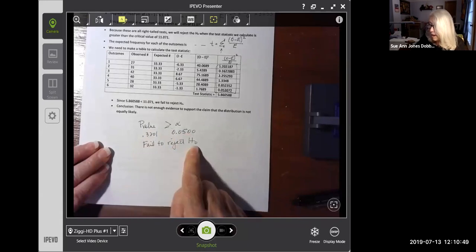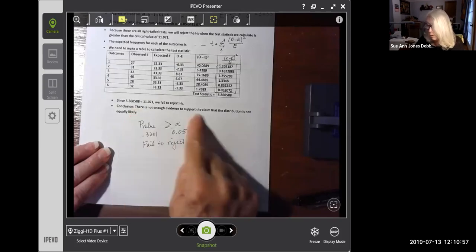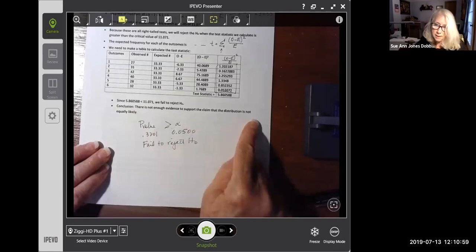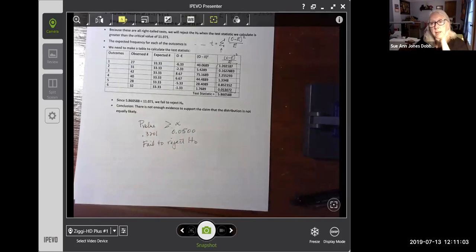And again, I'm failing to reject that the outcomes are equally likely. So my conclusion is that there's not enough evidence to support the distribution is not equally likely. Now, I know that's confusing, so you really need to think about it before you write your conclusion. There is no magic chart that will tell you the wording to use in doing this.